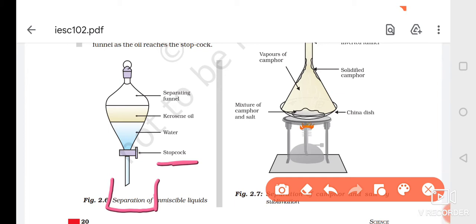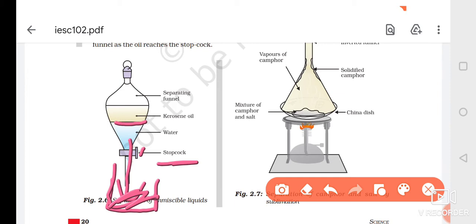I will start pouring the water out, continuously until all the water is poured into the beaker, and quickly close the stopcock. Now in my beaker I have my water, and in the funnel I have my oil. So that is how you can separate it.